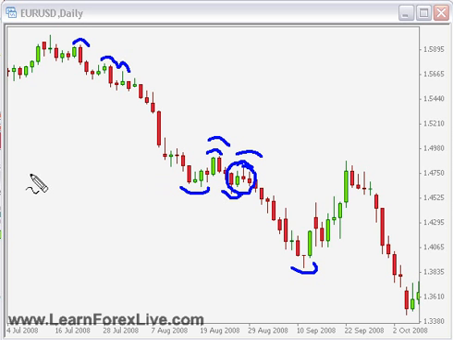Remember what we said before, keep things simple. No need to overcomplicate trading, no need to overcomplicate your technical analysis beyond necessity. So just mark the main swing points.